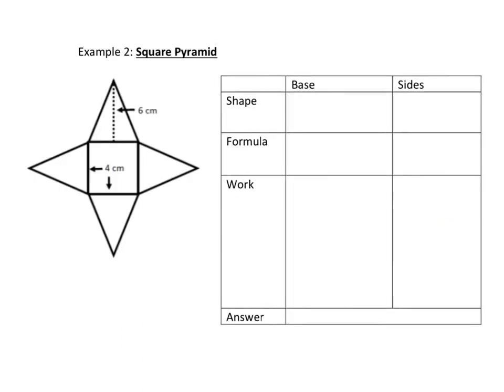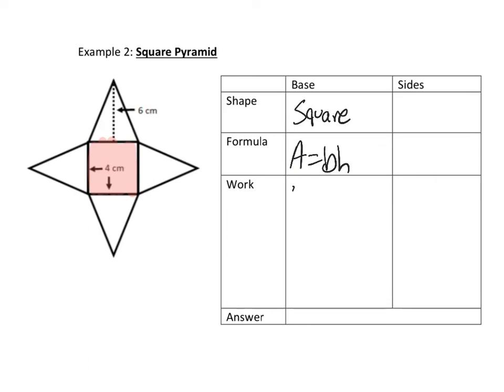Here's example 2. The shape of the base, let's highlight it real quick, is a square. So that's all sides of the base are the same. So the shape is square. The formula is area equals base times height.